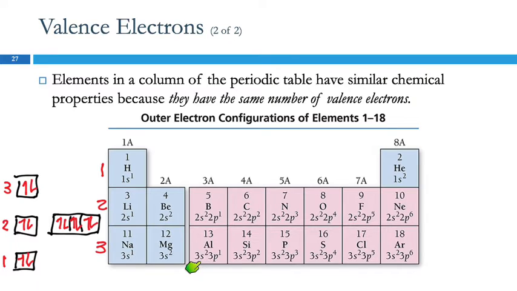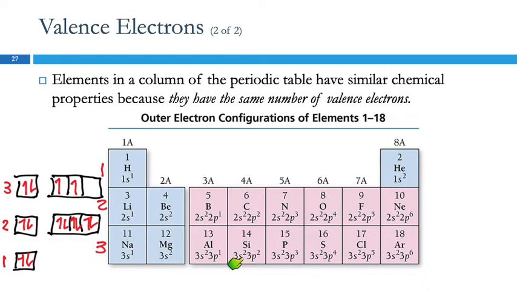If we go over here, the next one that would fill up would be the 3p. So aluminum has 1 electron in the 3p, and then silicon has 2 electrons in 3p.